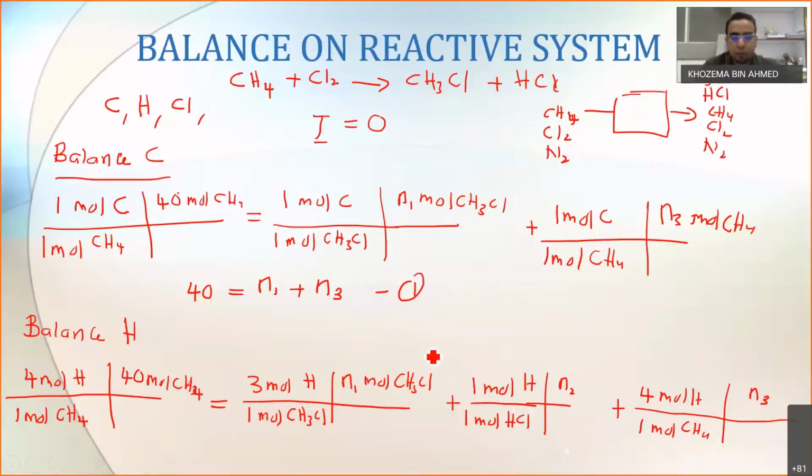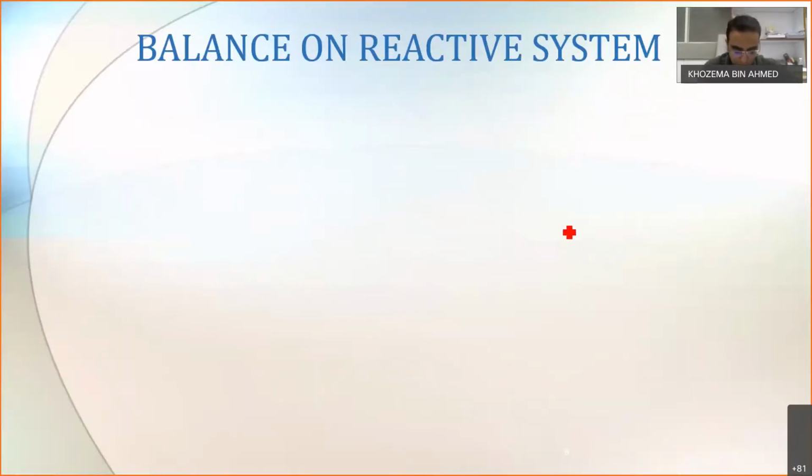So when we do this, we'll get the equation 160 is equal to 3N1 plus N2 plus 4N3. That is the balance on hydrogen.